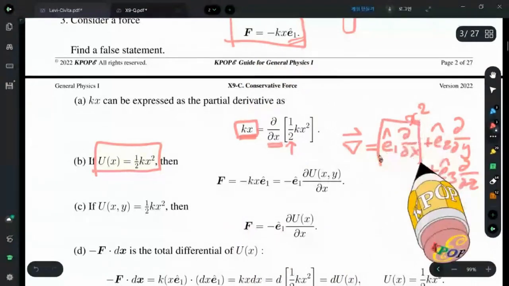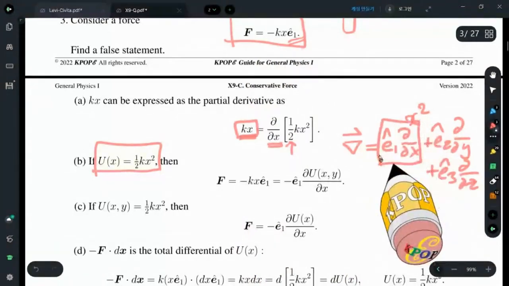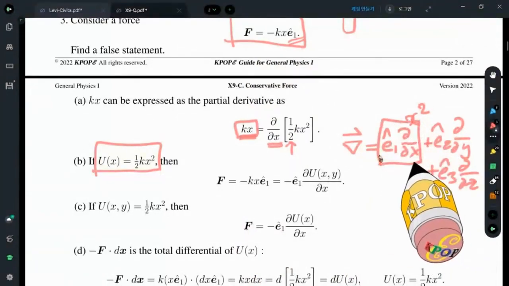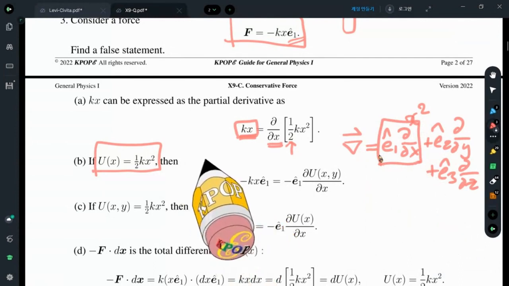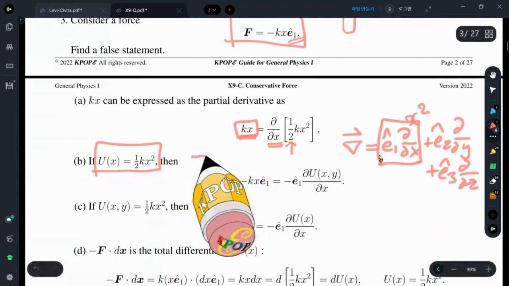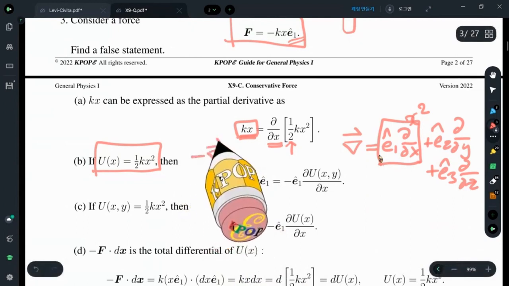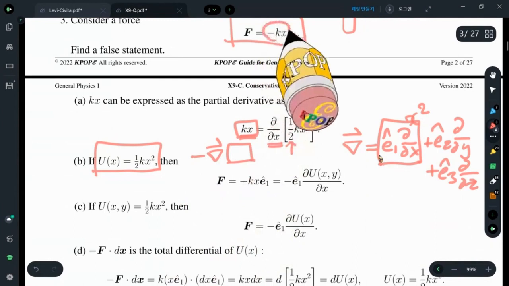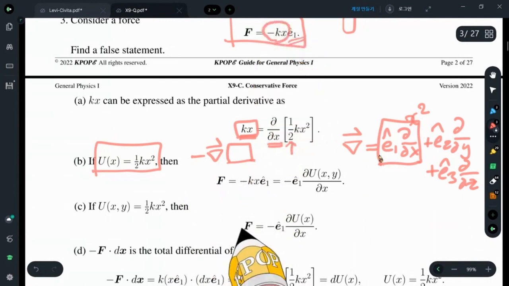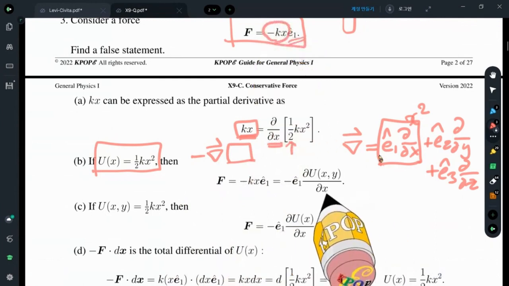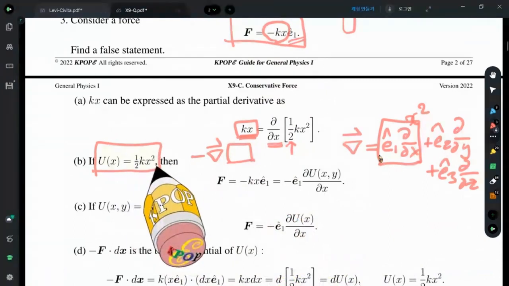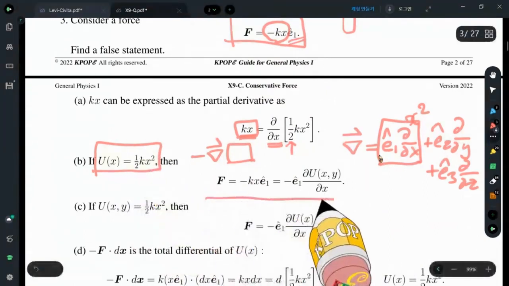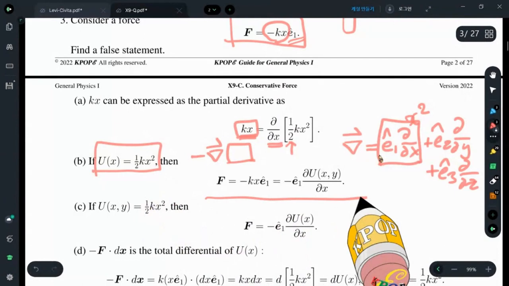The gradient has a non-vanishing component, in this case only. And force is a minus the gradient of potential energy. And in here, I have a force minus kx. The potential energy must be 1/2 kx squared to have this force.